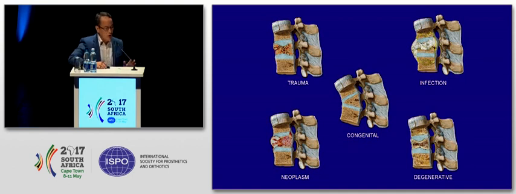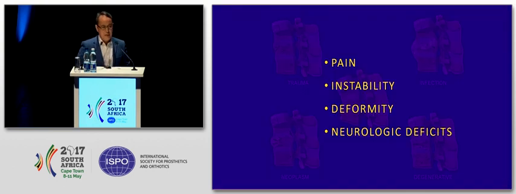All of these problems can bring about pain, instability of the spine, and deformity of the spine. And then, if worse comes to worse, and all of these are not properly dealt with, the patient develops neurologic deficit because the problem has now invaded the spinal canal.